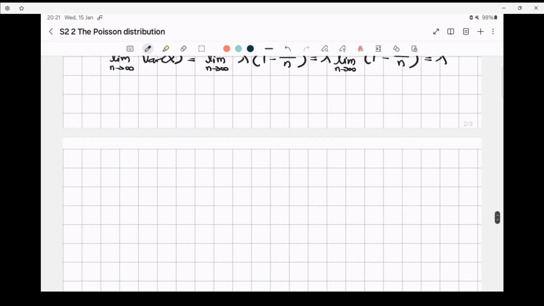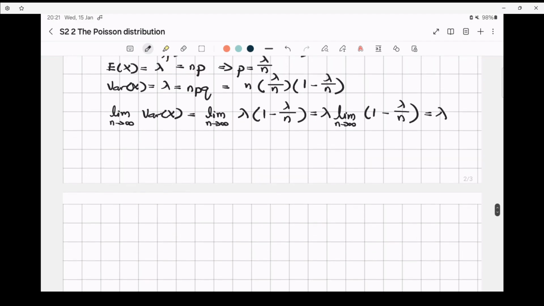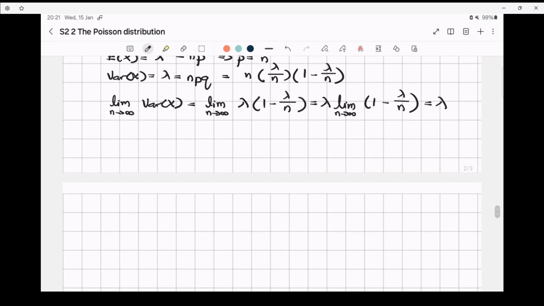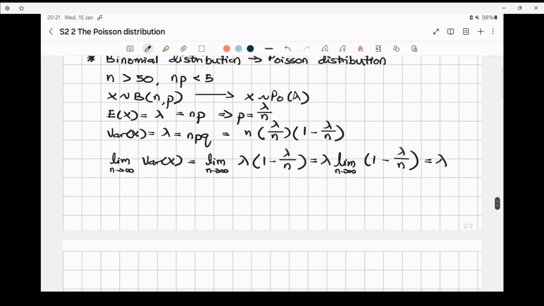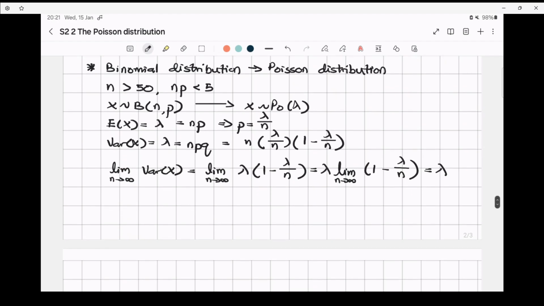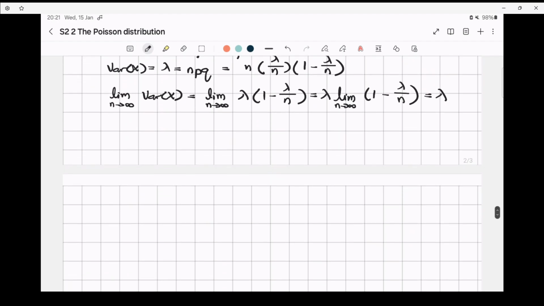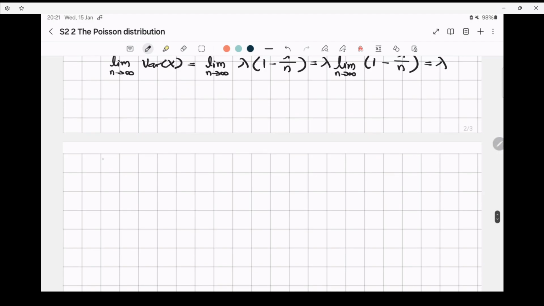So let's look at some examples. Maybe before that we can talk a little bit about how the formula actually comes. The formula for Poisson distribution, for example. So you know that Poisson distribution is an approximation of binomial distribution when n is very large. So for binomial distribution, usually you are given this particular probability.